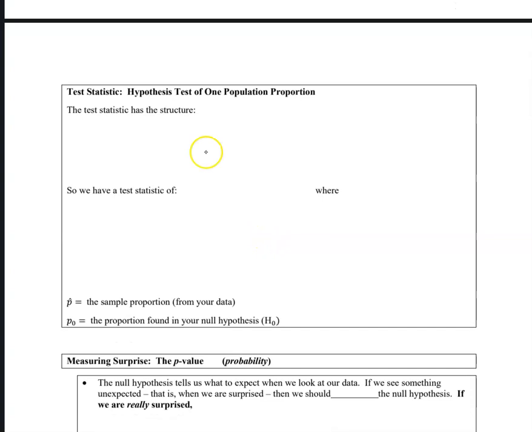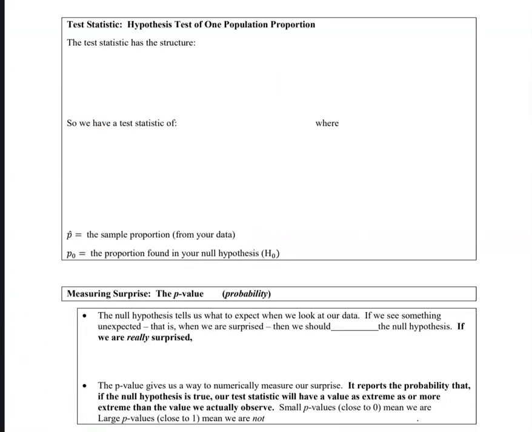What does the test statistic look like? So our test statistic is going to have this structure. We usually use Z again for our test statistic, and it's going to be the observed value minus the expected or the null value divided by the standard error.